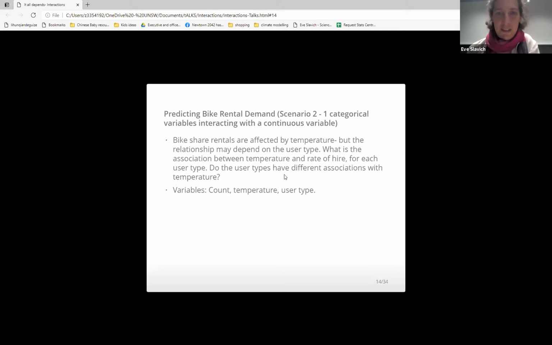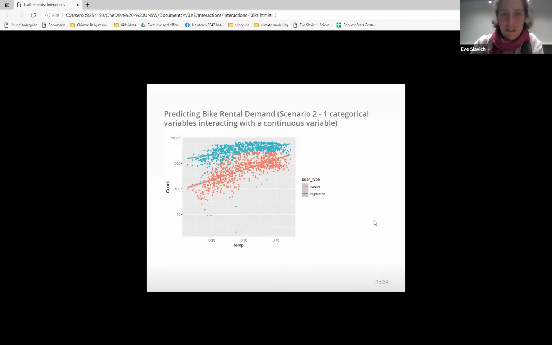And do the user types have different associations with temperature? So here the variables are count of bike hires, temperature, and user type. And so we're fitting a model with an interaction between user type and temperature. Temperature has been scaled.